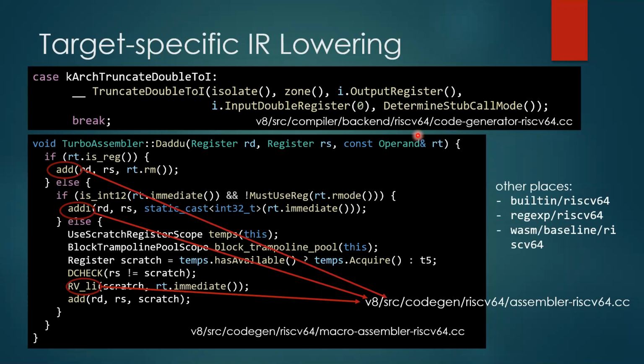But there are other places where the TurboAssembler is used. For example, built-ins. I mentioned that there are ASM built-in functions, and those are all written under this riscv64 directory. It's too long for me to paste them, but you can take a look over there.